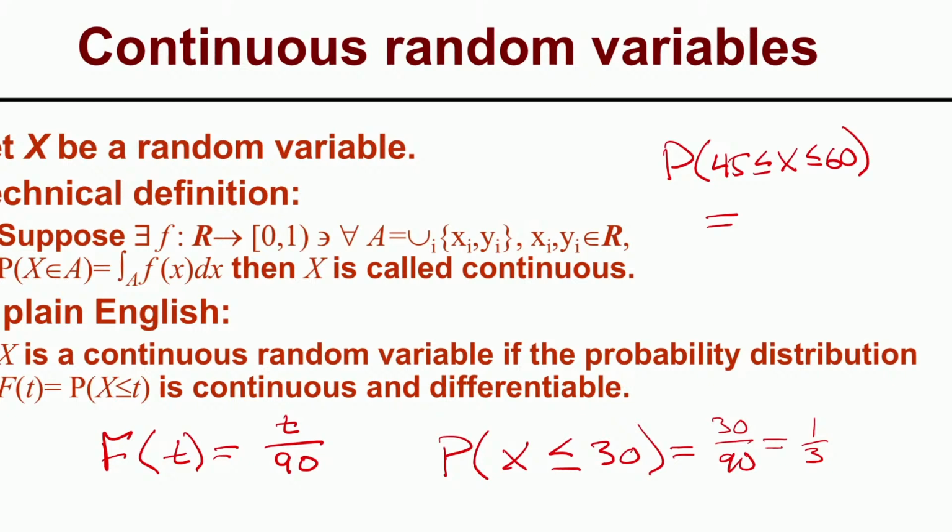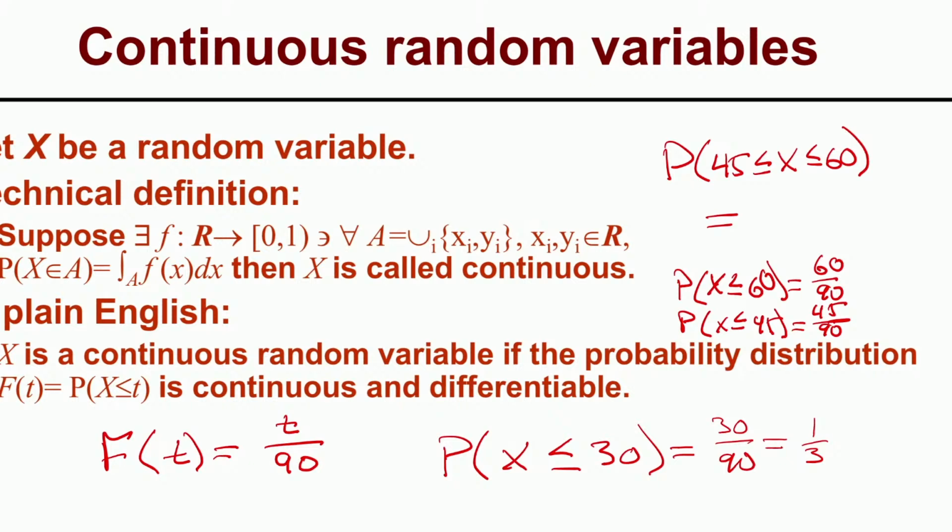So you want to be between 45 and 60. Let's do it this way. The probability of being less than or equal to 60 is 60 over 90. And the probability of being less than or equal to 45 is 45 over 90. I don't know if you remember this, but back when you were taking statistics, when you learned about Excel, at least when I teach statistics, I always talk about Excel as being leftist, because all the functions think of the probability to the left.